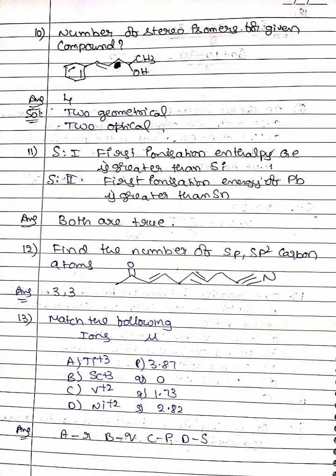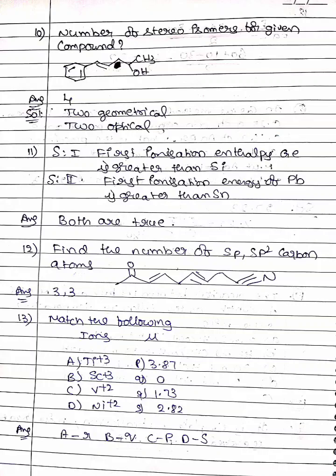It is because of completely filled d and f orbitals, poor shielding effect and various other factors, we can say, for the exceptional case of lead. So based on these exception cases, we can say both the statements are correct.